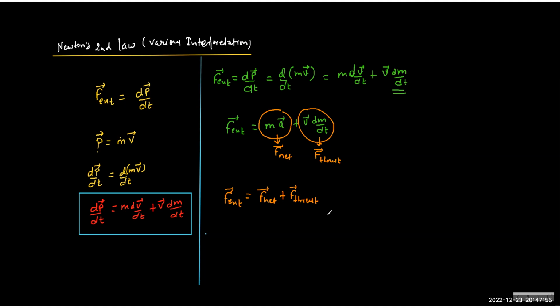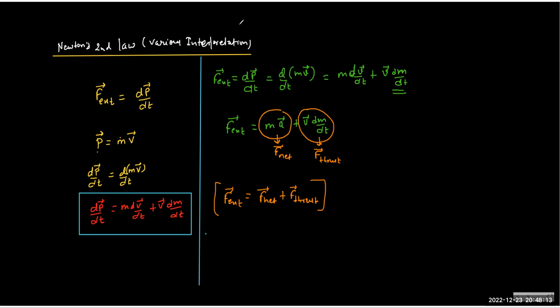But for the systems that we are going to study, the thrust will go away, and therefore Newton's second law and the net force become equal. So these are the various ways of writing Newton's second law.